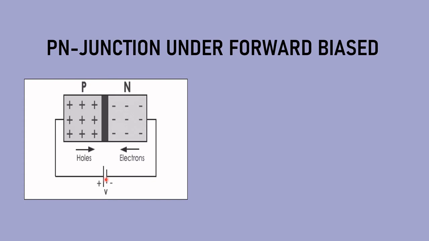So this on condition is established by applying the positive potential to the p-type material and the negative potential to the n-type material.